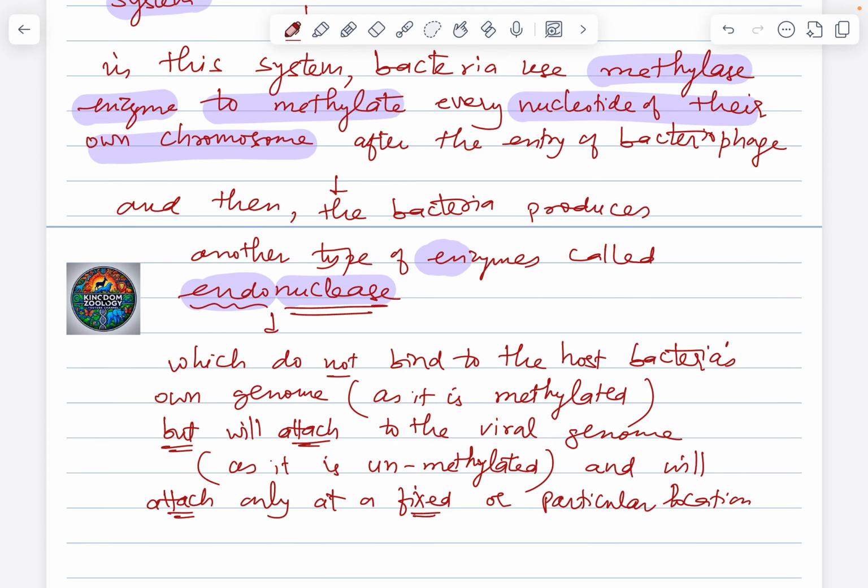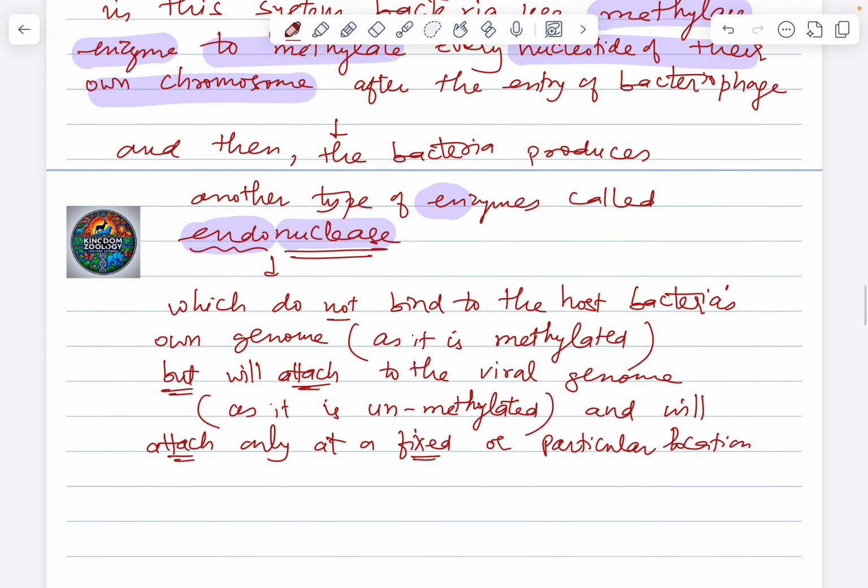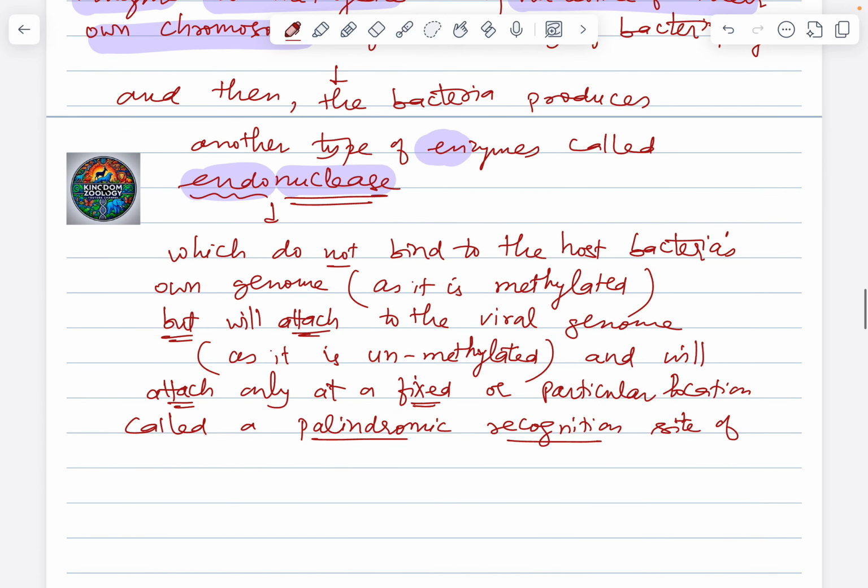No, even the attachment follows a rule. What is that rule? The endonucleases will attach, number one, only to the viral genome. Number two, only at a fixed or a particular location, which is called a palindromic recognition site of the endonuclease.